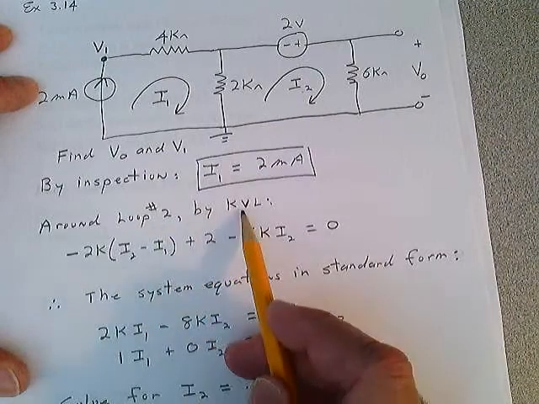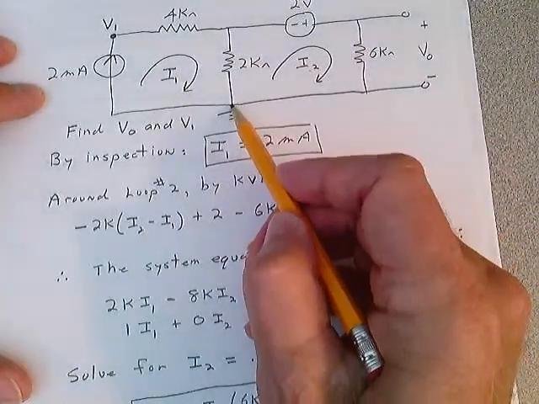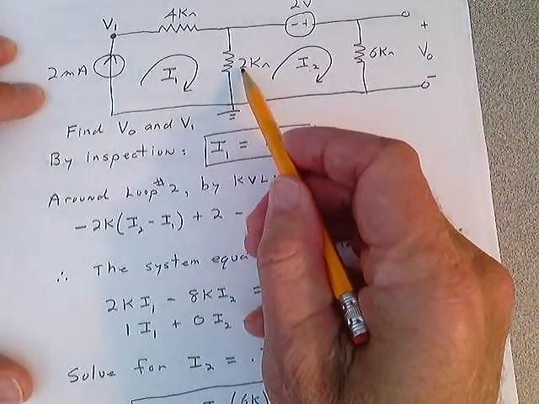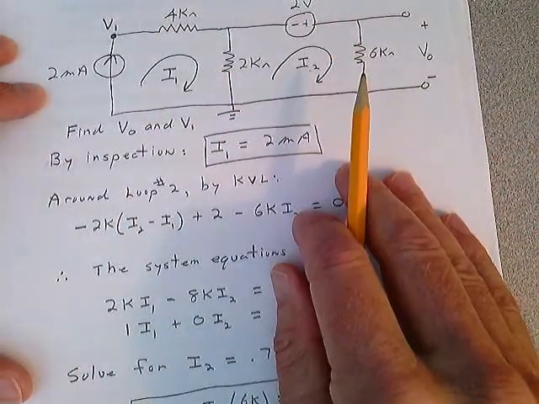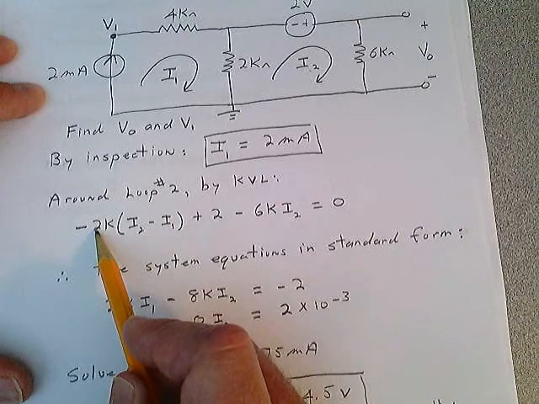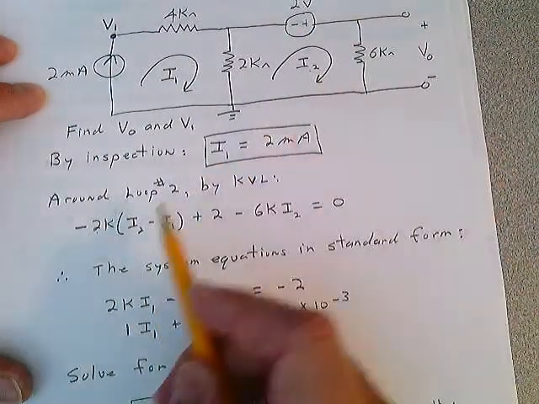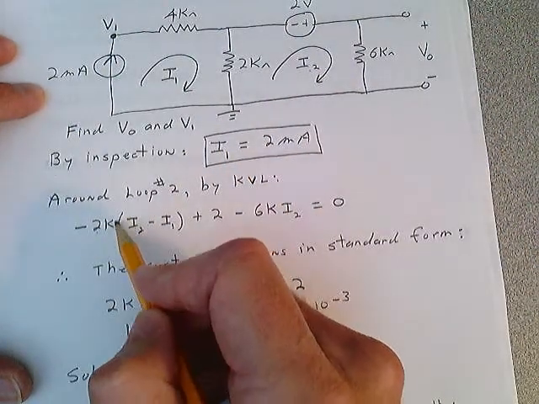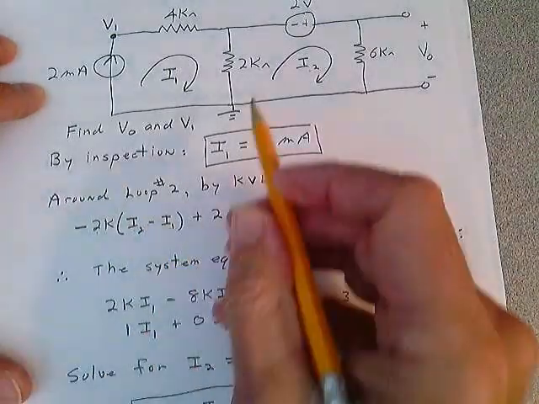Around loop 2, by Kirchhoff's voltage law, you start here, it's a resistance. Minus 2K, and you stop and think. Remember the technique? Minus 2K, you stop and think. What current? Well, the current is I2 minus I1. Make sure you have the parentheses there. That's the total current through that resistor.